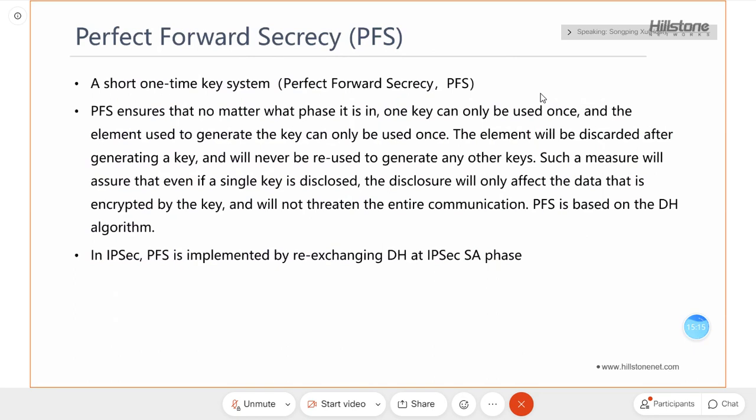So in this case, it will assure that even if a single key is disclosed, the disclosure will only affect the data encrypted using this key, and it will not threaten the entire communication. This PFS is based on the DH algorithm, and implemented by re-exchanging the DH at the IPsec SA phase.